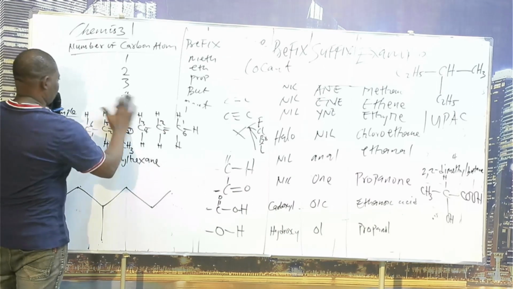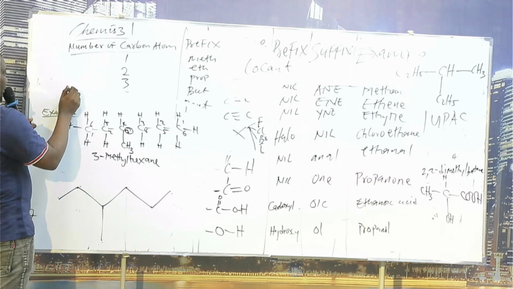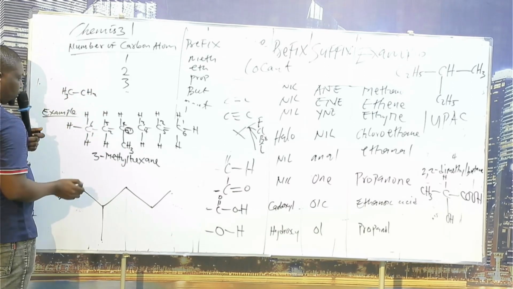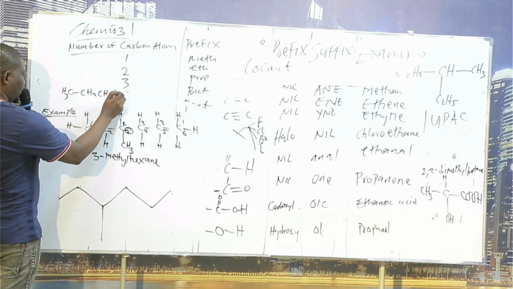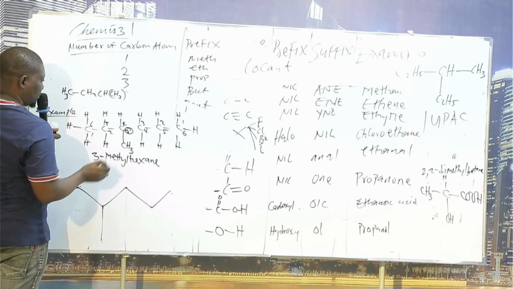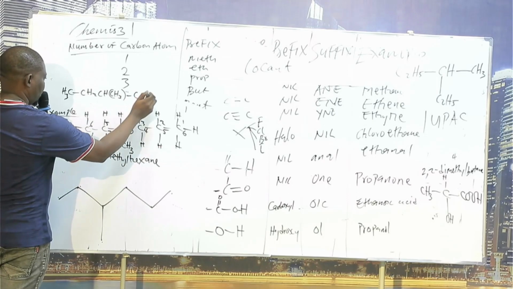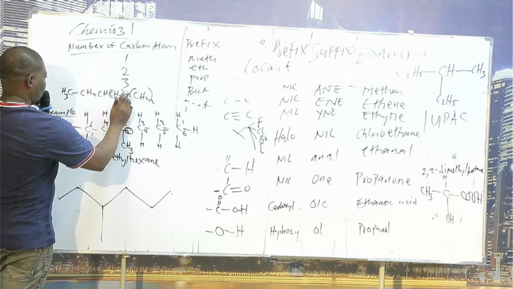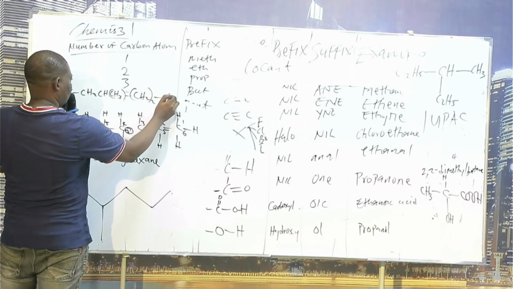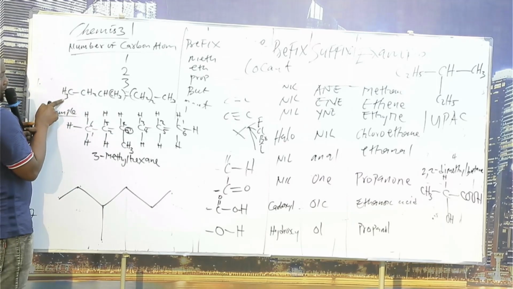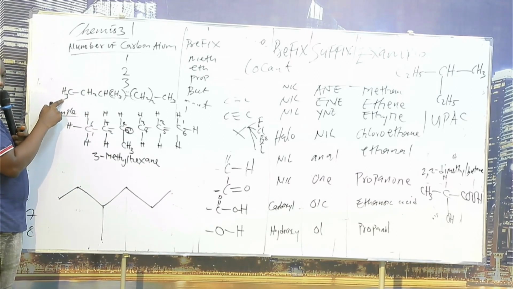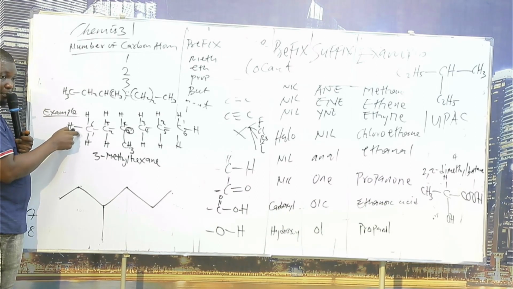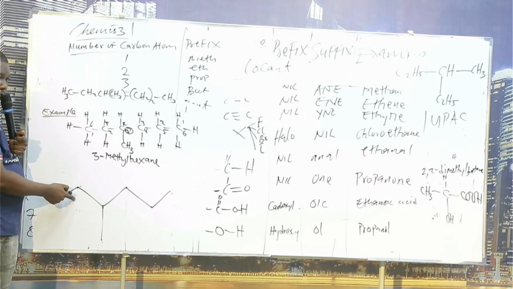Or I can write it this way: CH3, CH2, CH3, CH2, brackets 2 and the CH3. Which type of structural formula is this? This is structural formula B. What is this?